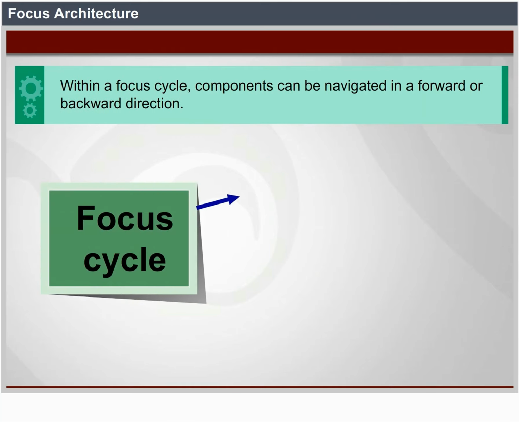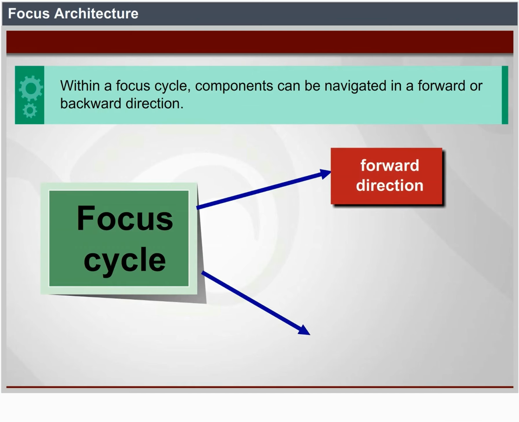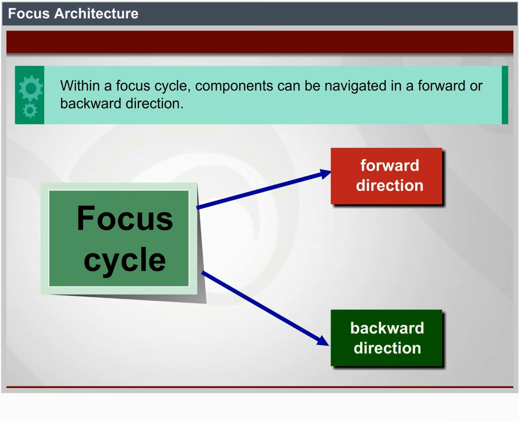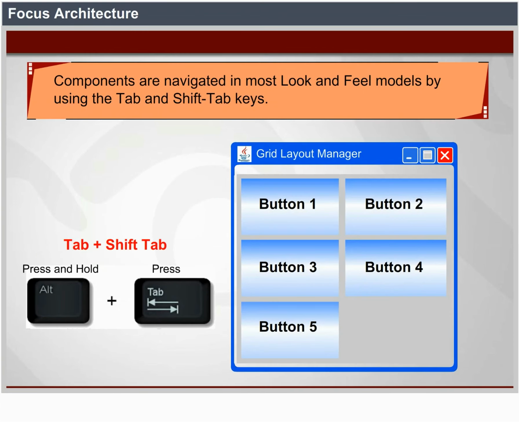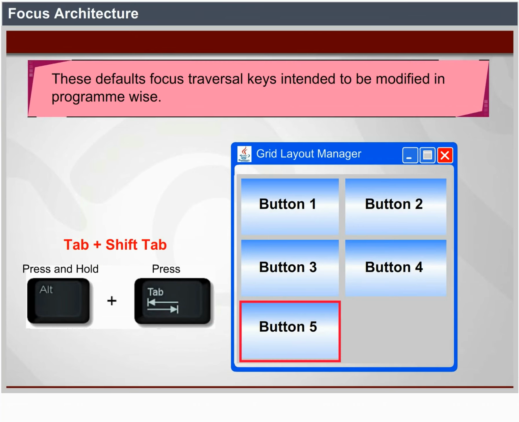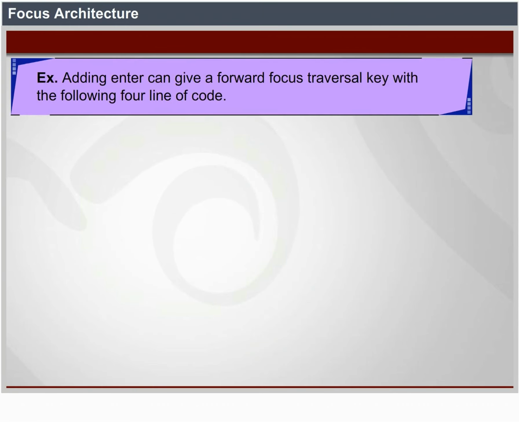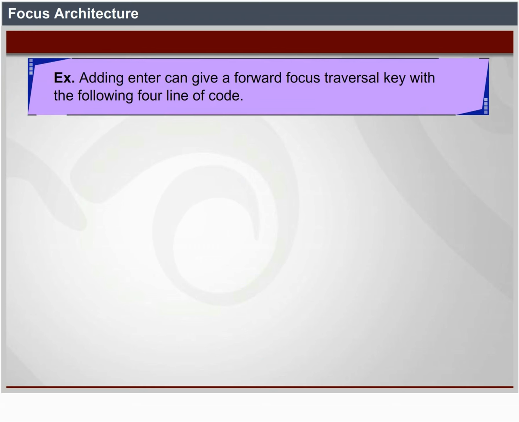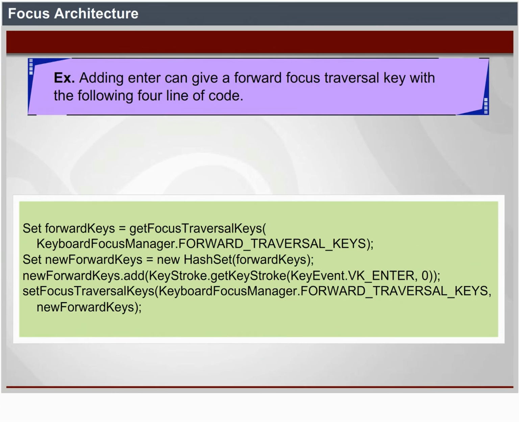Within a focus cycle, components can be navigated in a forward or backward direction. Components are navigated in most look and feel models by using the Tab and Shift-Tab keys. These default focus traversal keys can be modified in a program. Example: adding Enter as a forward focus traversal key takes the following 4 lines of code.